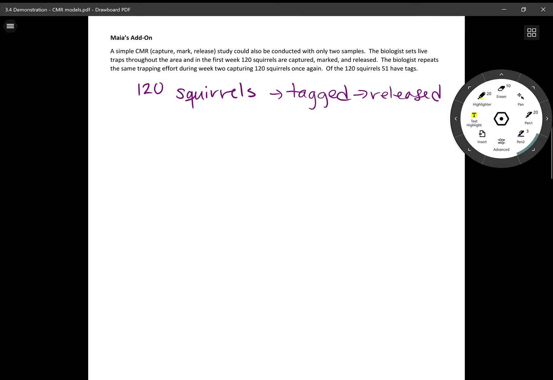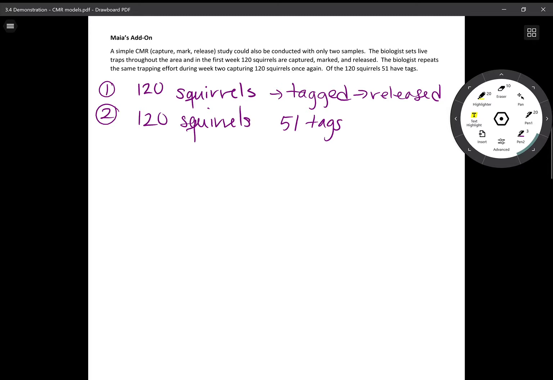So the biologist goes back out and captures another, so this is round one, round two, captures another 120 squirrels. And of those, there are 51 with tags. So it's not that they're tagging 51, it's that 51 of them have tags.